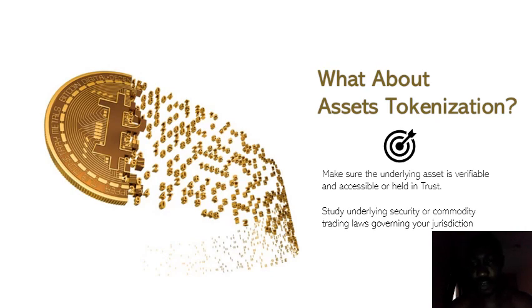Tokenization, just to briefly put it, is layering a non-intrinsic component, something that is actually discardable, on top of something that has value. Let me give an example, like an event ticket.